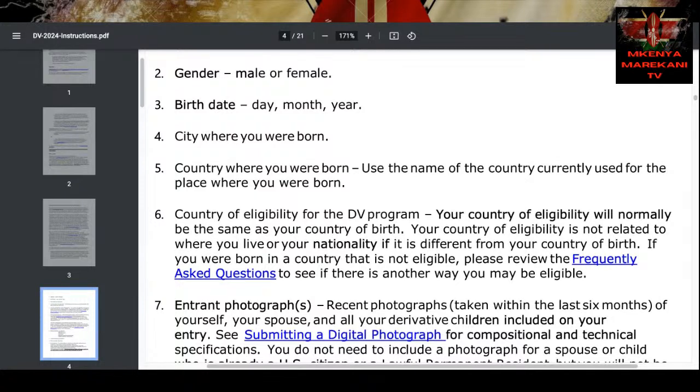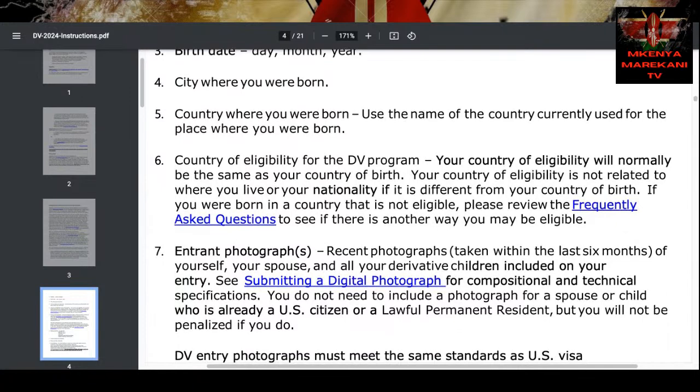Personally, all my applications have Uasin Gishu as my city, though Uasin Gishu is a district, not even a city, because nobody checks. They just want to see your location, where you're coming from. I don't write Eldoret. I write Uasin Gishu because that's what is on my ID.